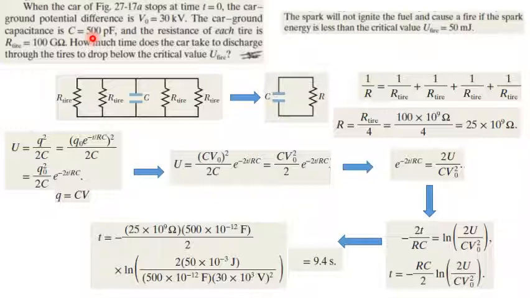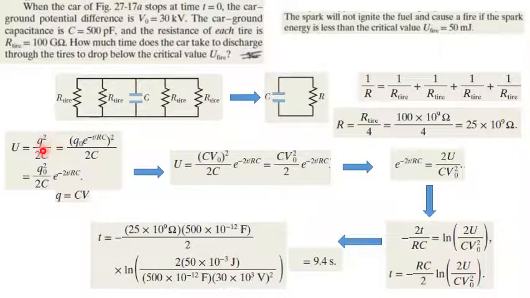Okay, the energy. The energy in a charged capacitor equals Q squared over 2C. And if the capacitor is discharging in a resistor, the instantaneous value of the charge on the capacitor would be Q naught multiplied by e to the power minus t over RC. It is the discharging value.